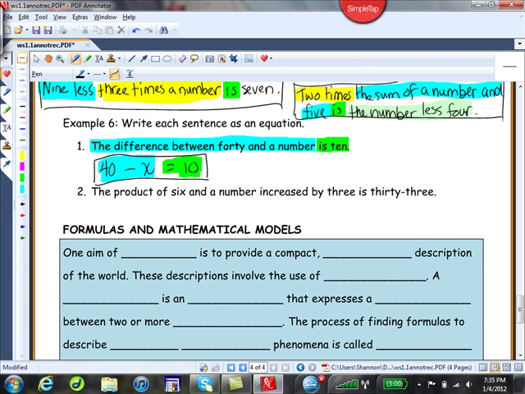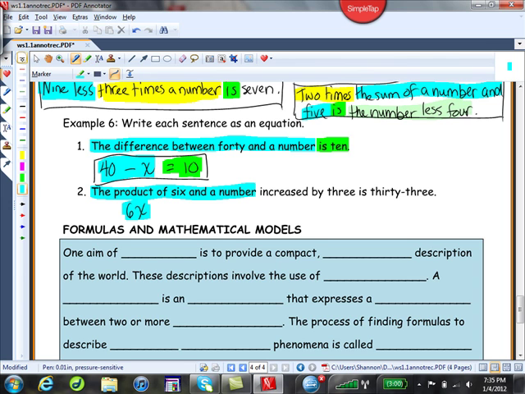All right, let's see how you did. The product of 6 and a number. So 6 times x, how that one translates.